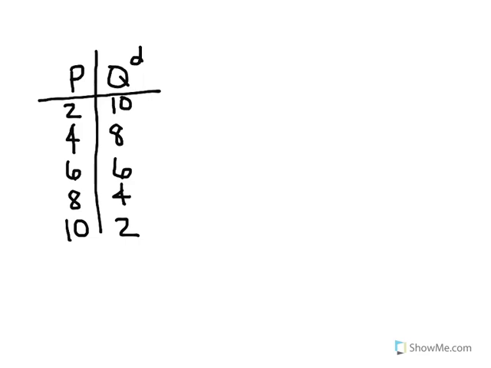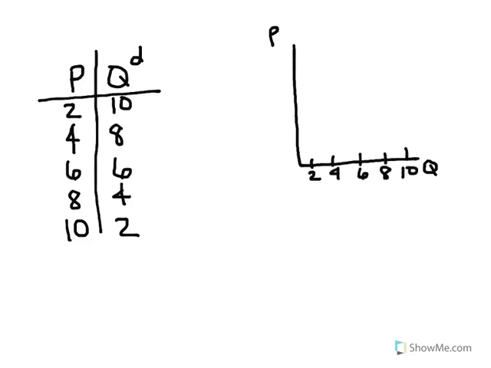So what I can do with that information is come over here and plot the demand curve for the good. Again, we have price on this axis, quantity on this axis, and then take some time to go ahead and place the values on the axis.